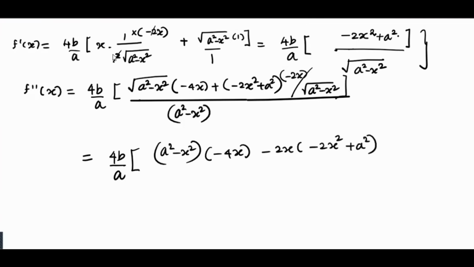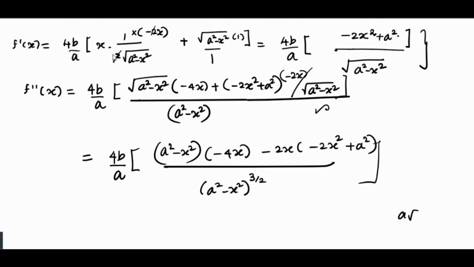This whole root of a square minus x square gets pushed to the denominator, so it becomes a square minus x square into root of a square minus x square, which makes it power 3 by 2. Because if you multiply a into root a, it can be written as a power 3 by 2. So the root of a square minus x square gets pushed downwards after taking the LCM on the numerator.